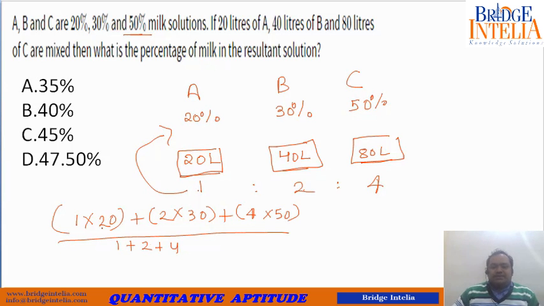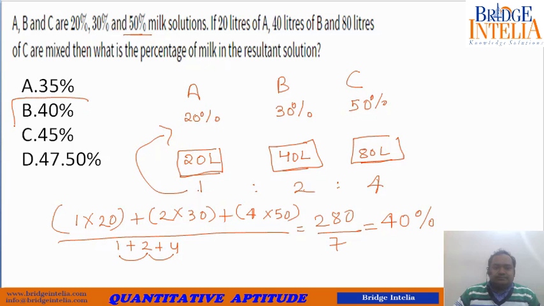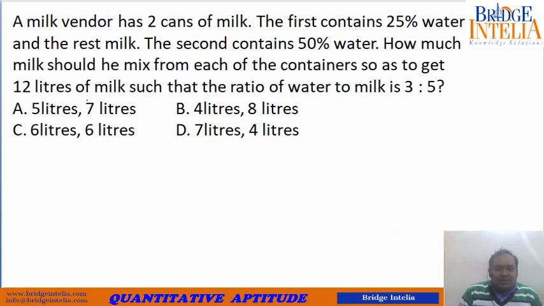So what does this come out to be? 1 into 20, 20 plus 60, 80, 80 plus 200, so 280, divided by 3 plus 4, 7. So 280 divided by 7. So this comes out to be equal to 40%. Now let's move to the next one.